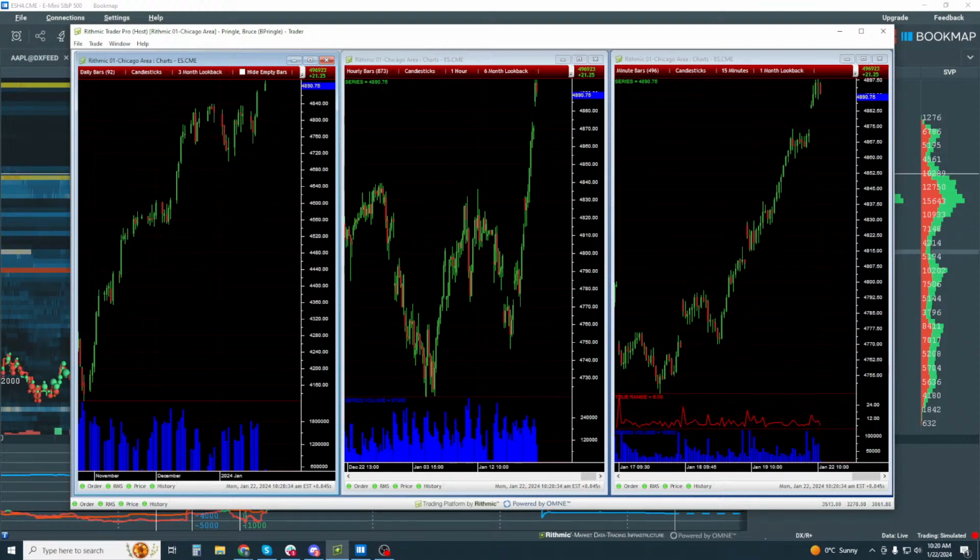We gapped higher, and we can see the 15-minute and the hour in the center, and the 15-minute on the right, and we can see the move higher. We're just starting to see some bit of selling coming in now.